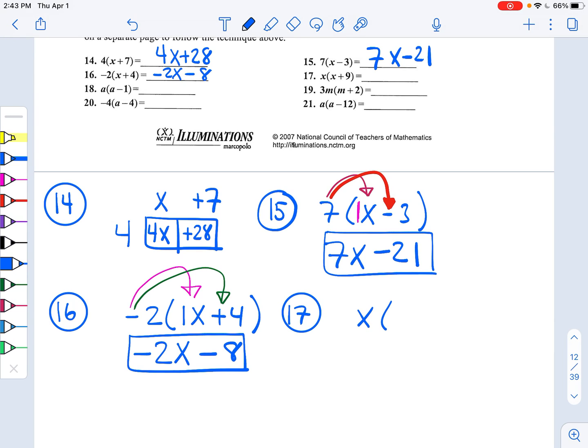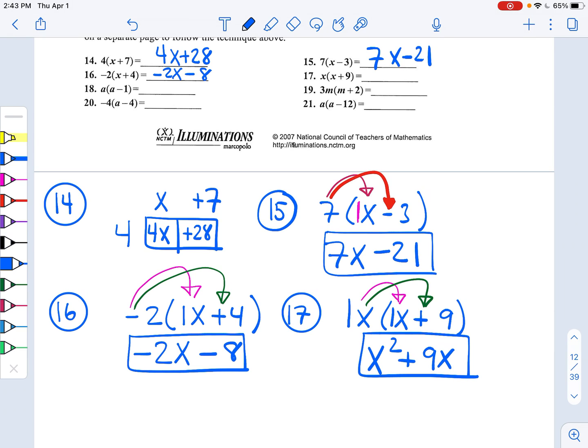Number 17, you have x times the quantity x plus 9. Okay? Well, let's put our invisible ones. You have a 1x right there. So 1x times 1x is 1x squared. And then you have 1x times a positive 9, and 1x times positive 9 is a positive 9x.